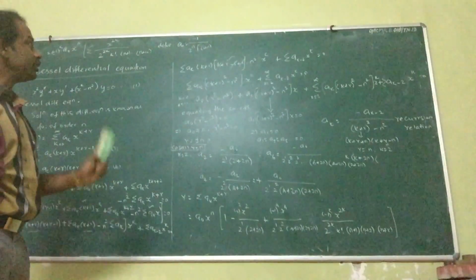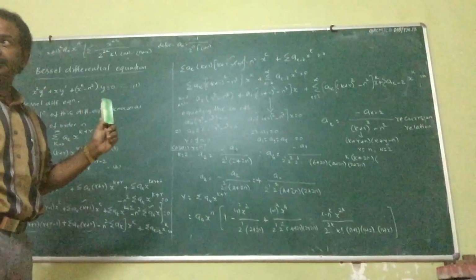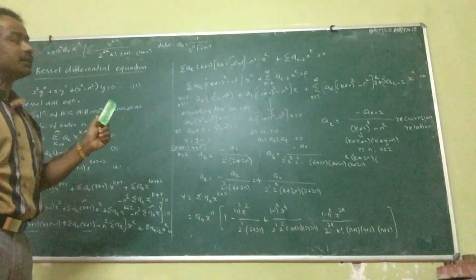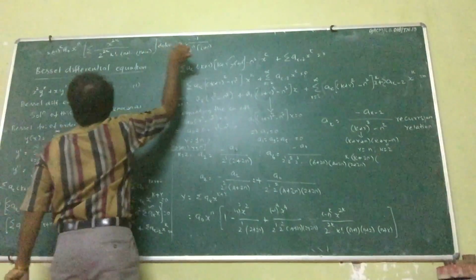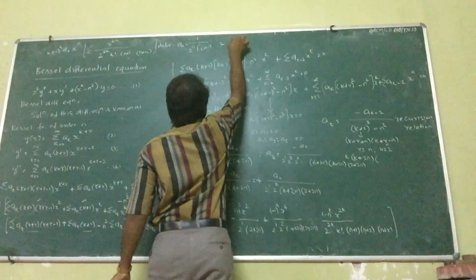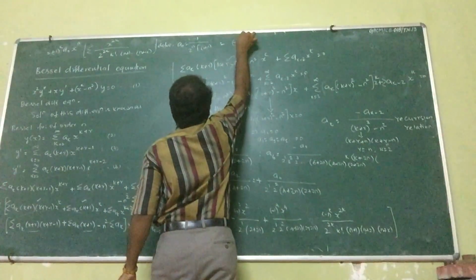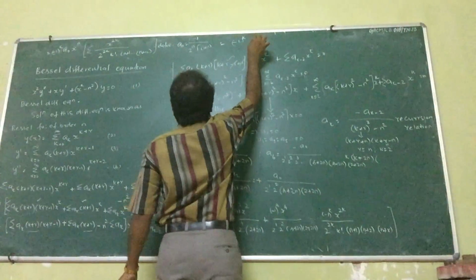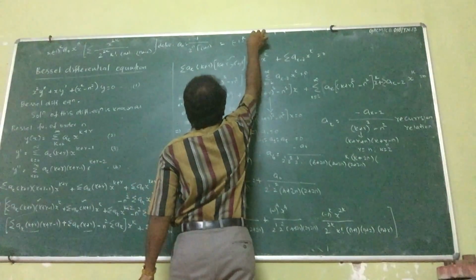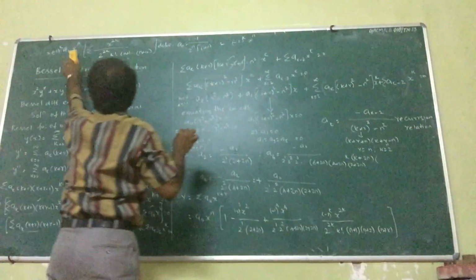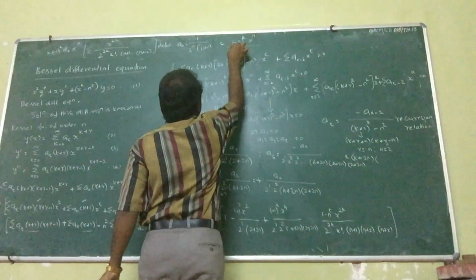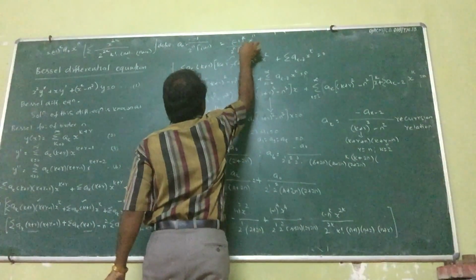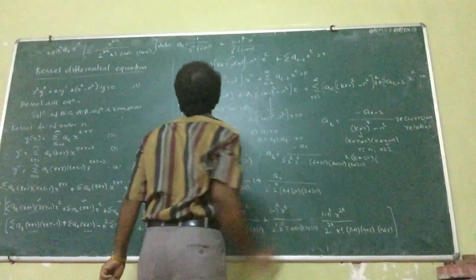I am going to define a naught as 1 by 2 to the power n gamma 1 plus n, and I am going to substitute this. So this becomes minus 1 to the power k, x to the power n divided by 2 to the power n gamma 1 plus n.